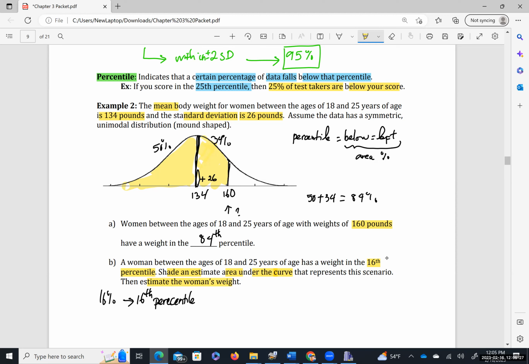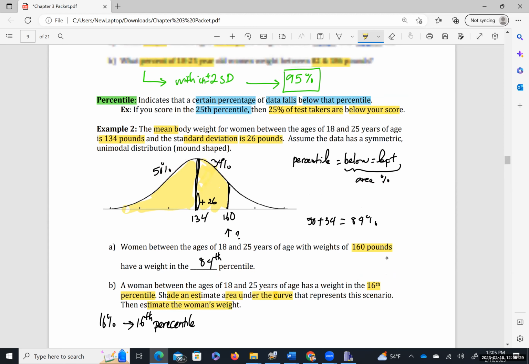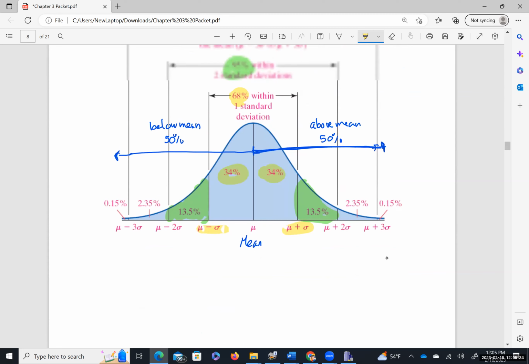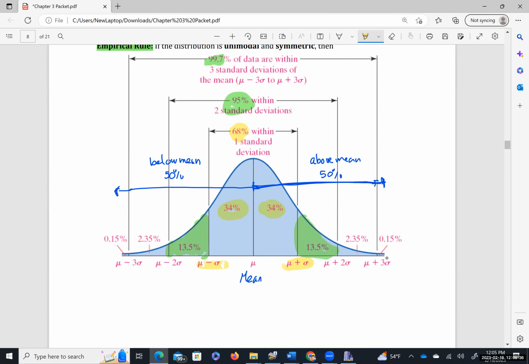All right, so let's take a look at some ideas from the empirical rule here. We have a small part here after 3 standard deviations, which is 0.15%. Then the area from mean minus 3 standard deviations to mean minus 2 standard deviations will be 2.35, right?